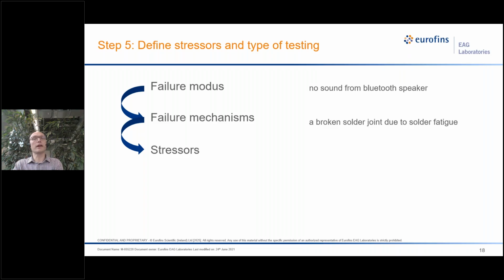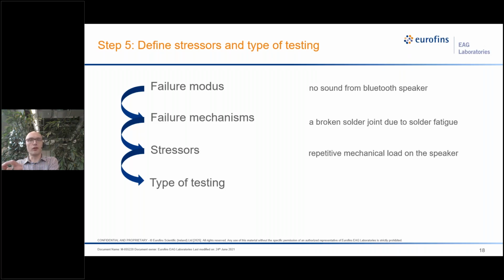This failure mechanism is caused by mechanical impact. This can be vibration or falling of the Bluetooth speaker. And when it comes to falling, we can translate this into free fall testing, where we are going to perform drop tests at different test heights in different directions. We have now made the translation from the failure mode to a specific reliability test, in this case, drop testing.